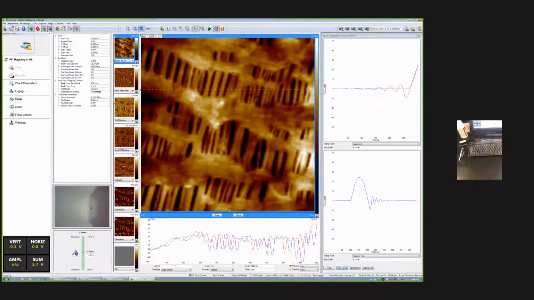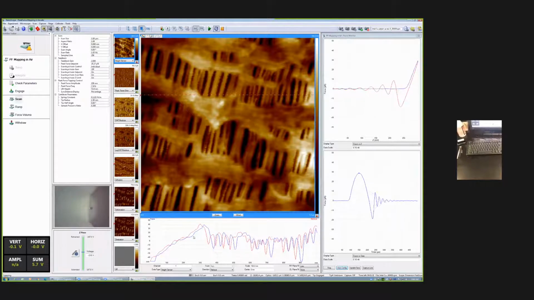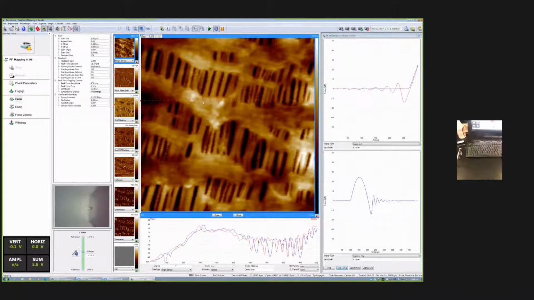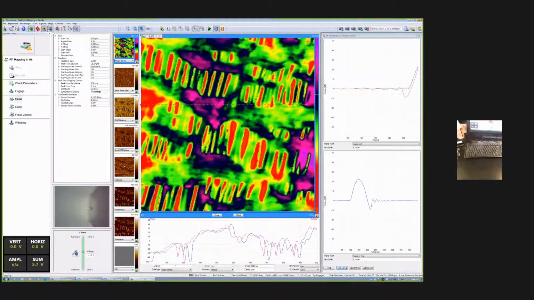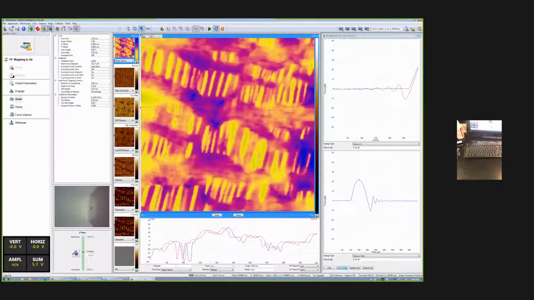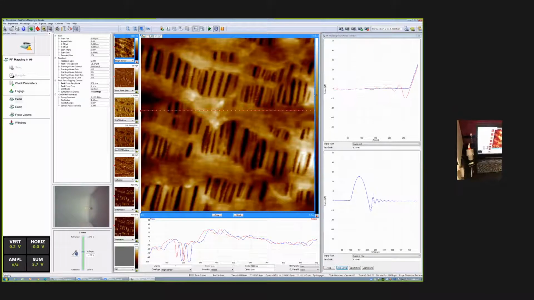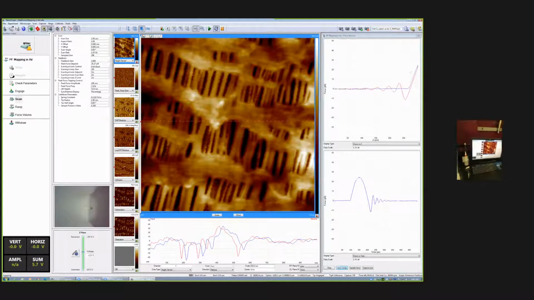If you see this horizontal line, it's composed of lines of the tip scanning back and forth, back and forth. Where the color is just a representation of the height. You can pick your favorite color. It doesn't really matter what color you want because the color is not real. It's just a representation of height. And at every individual point, it's plotting the position. It creates that into a sort of pseudo three-dimensional image.